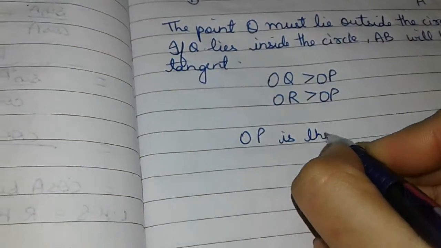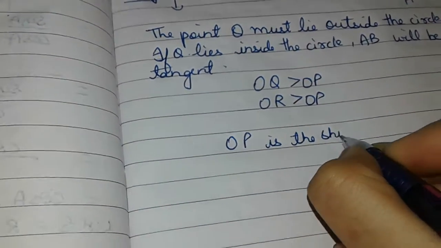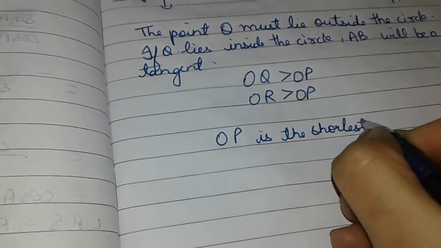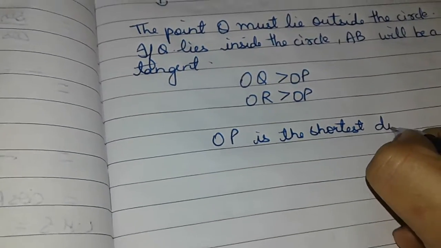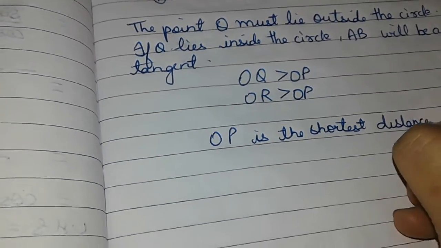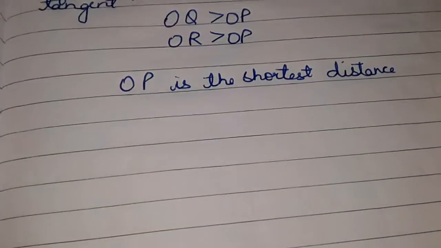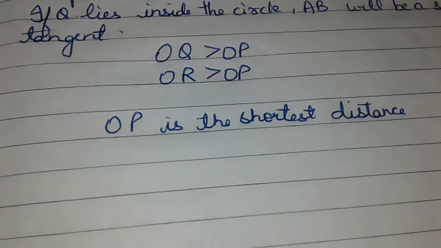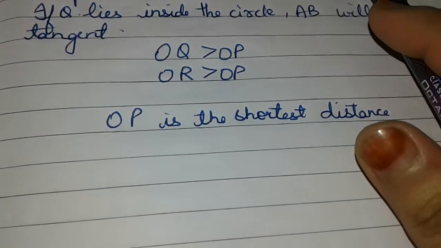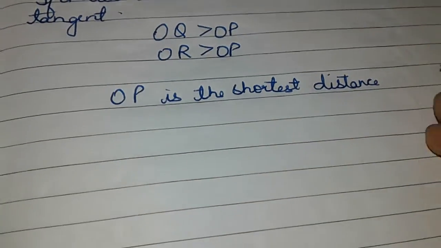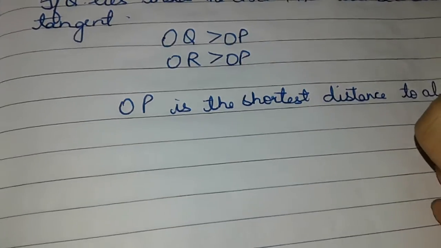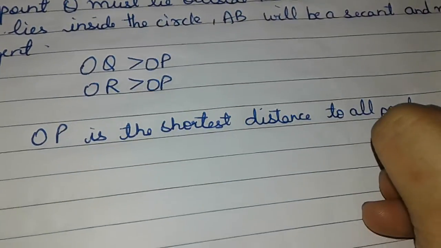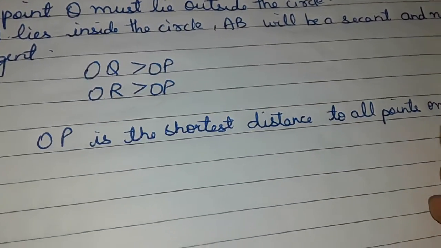OP is the shortest distance to all the points on AB.